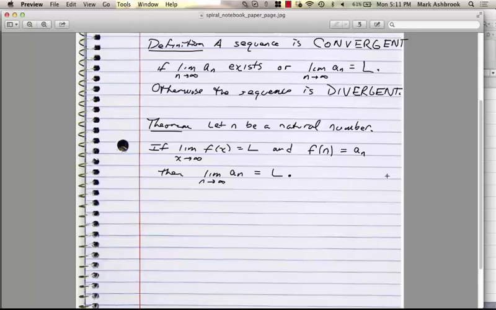If you're talking about a certain sequence, you find that equivalent function. If that function has a limit that exists or is convergent, then the sequence is convergent to the same value.